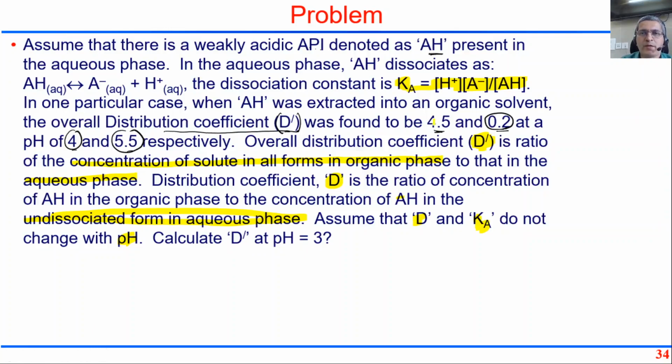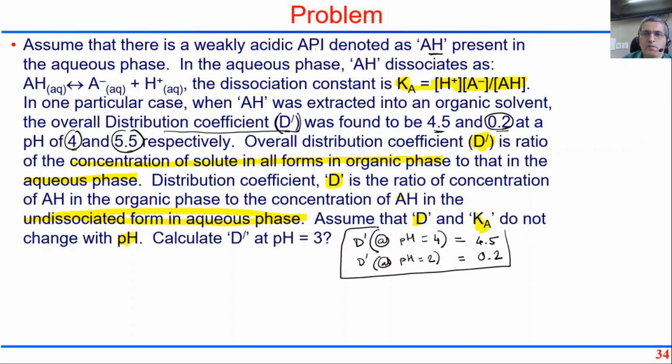D prime at a pH of 4 is 4.5. Sorry, this is not pH 2, it is pH 5.5.